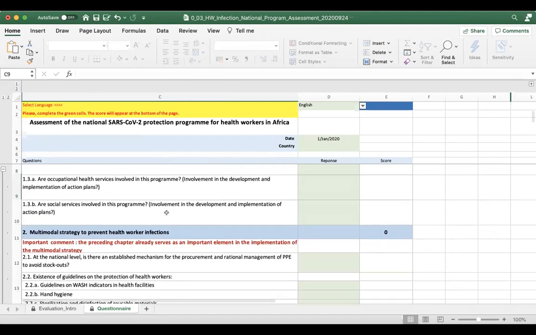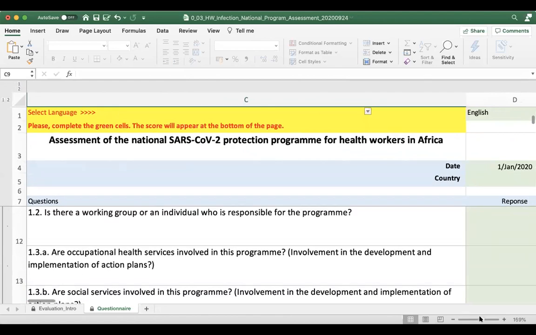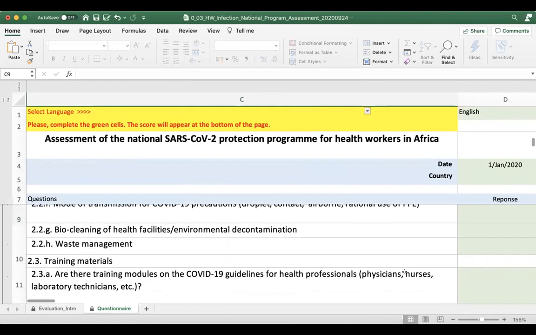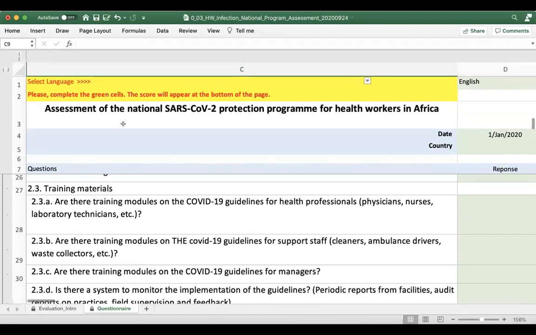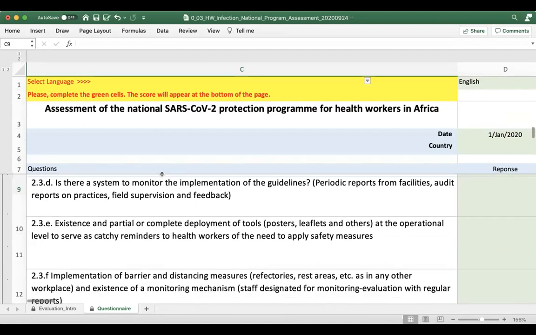In these 2 components, the activities are not specific for protecting health workers. While in the 3 other components, component 3, 4, and 5, all the activities are really specific on healthcare workers' protection.